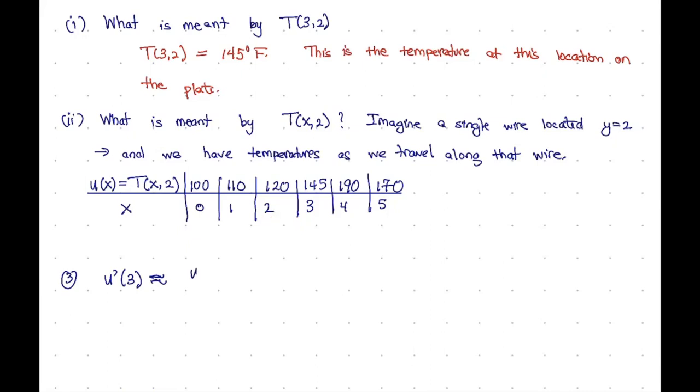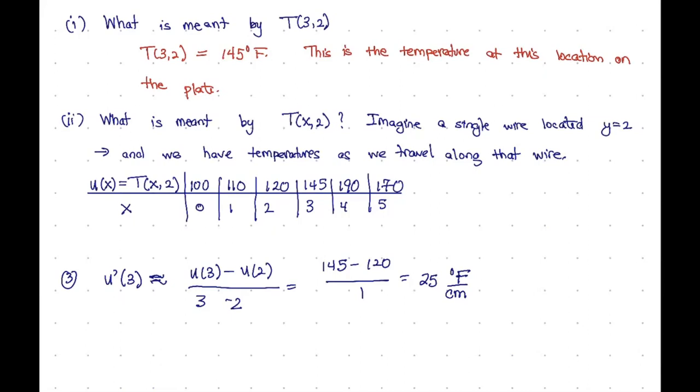So we would do u of 3 minus u of 2 all over 3 minus 2. And so this would be 145 minus 120 all over 1, which would equal 25 degrees Fahrenheit per centimeter.